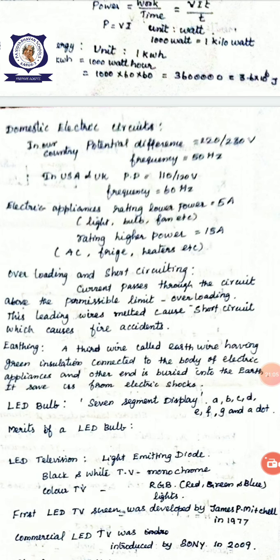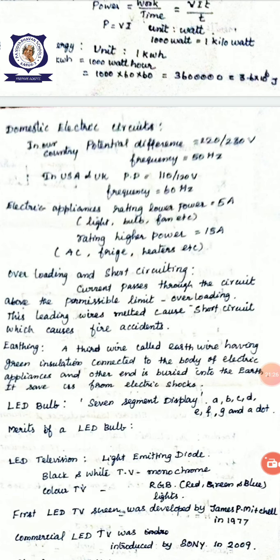So we are dividing the circuits into two types: for high rating appliances and for low rating appliances. For low rating appliances we just give 5 amperes. For high rating appliances we use 15 amperes normally.